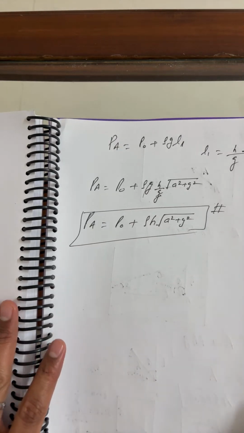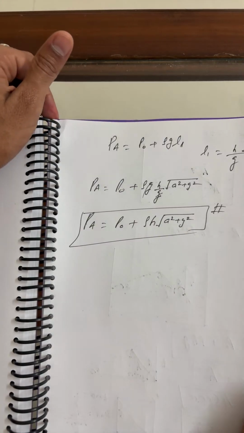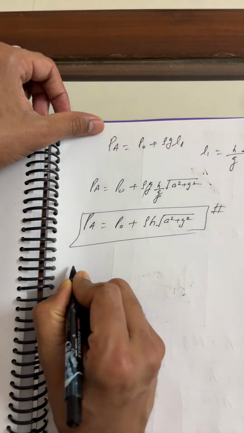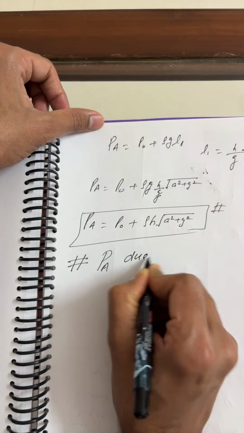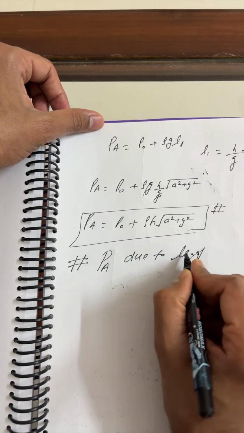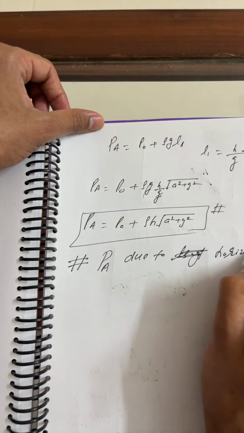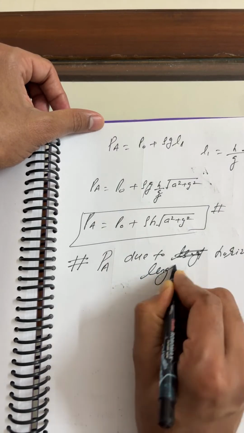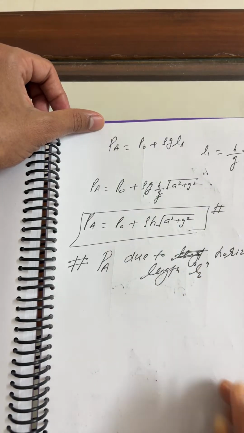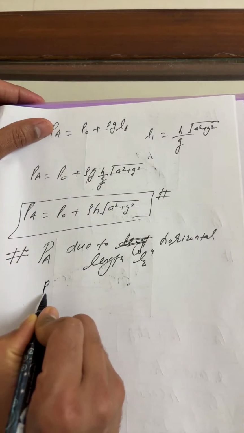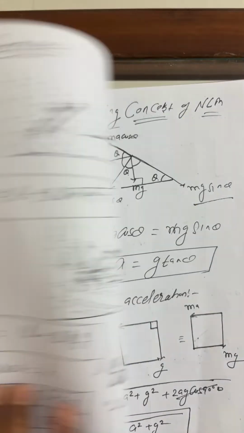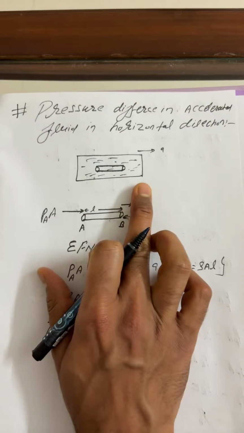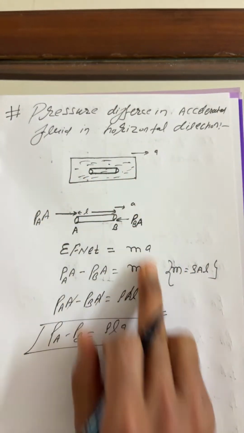Now here we wish to find pressure at A due to L2, the horizontal length. So pressure at A is P naught plus, and I already proved this case also: pressure difference in an accelerated fluid in horizontal direction is rho L into a.